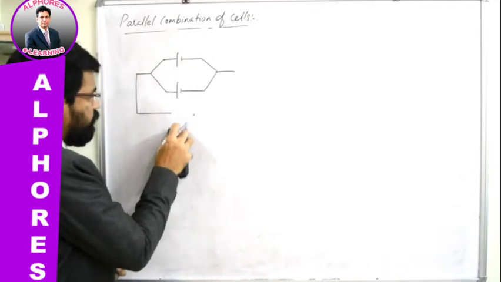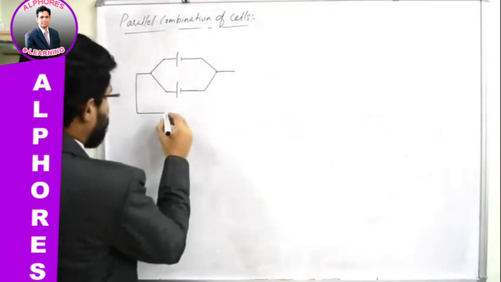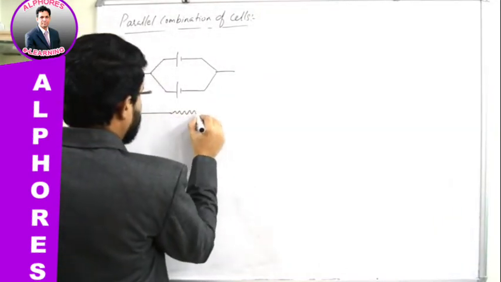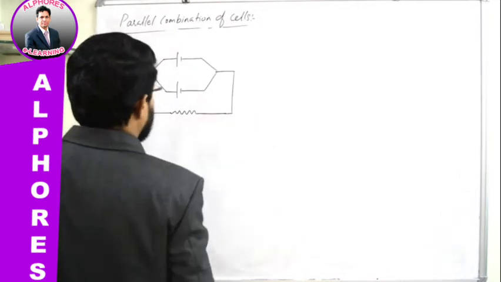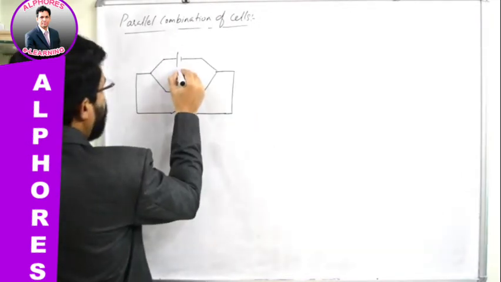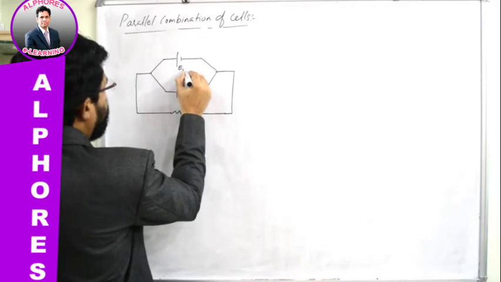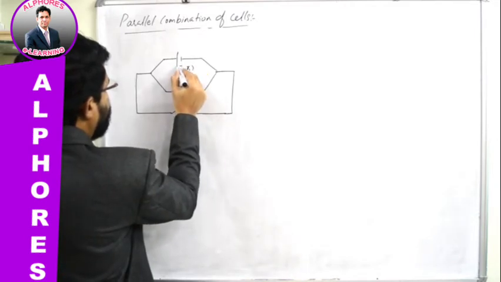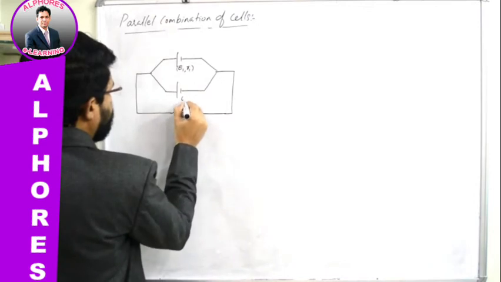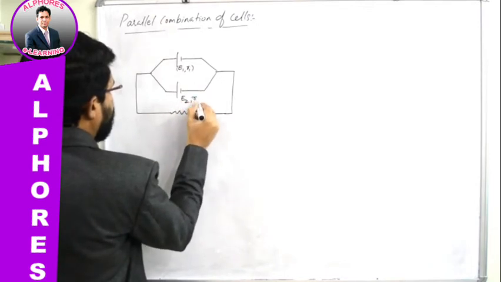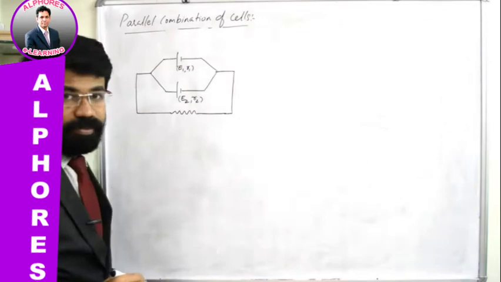Here I'll connect one external resistance. Let EMF of this cell be E1 and internal resistance R1, and EMF of this second cell be E2, internal resistance R2.